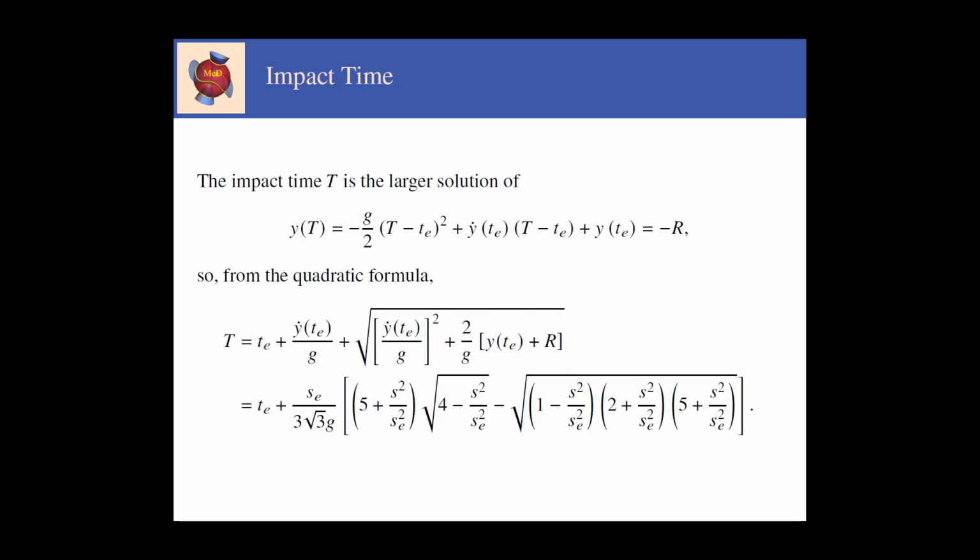Impact with the ground occurs at time t equals capital T, where y of capital T is minus r. This equation is quadratic and has two solutions, but we want the larger of the two because the other solution is less than t sub e, and that wouldn't be physical. So working all that out in detail, you can get a relatively nice expression for the impact time.